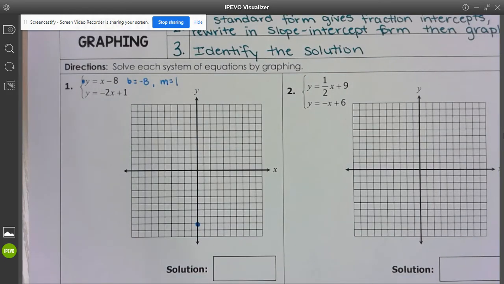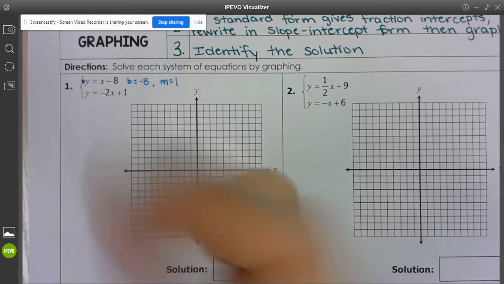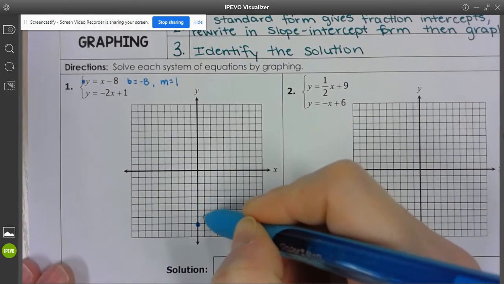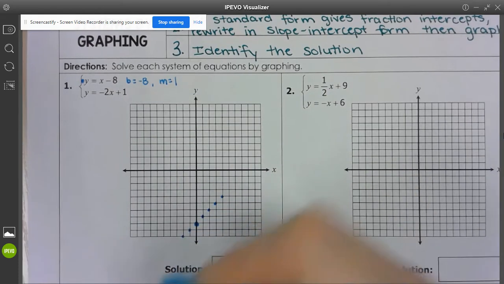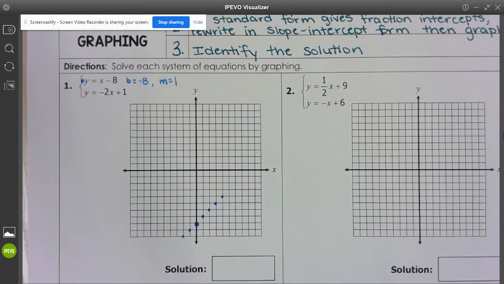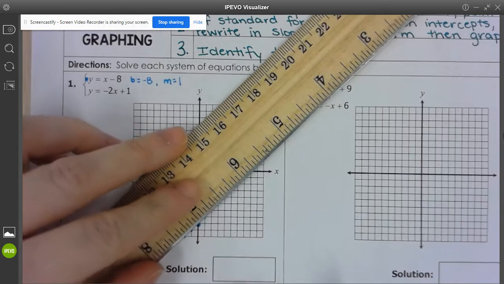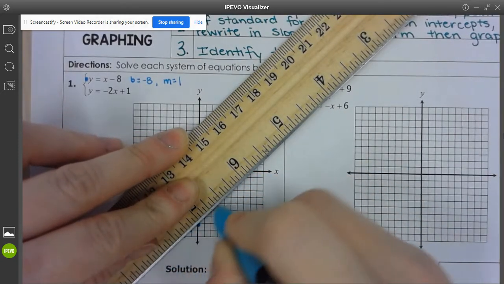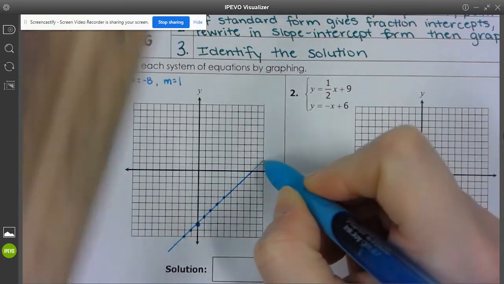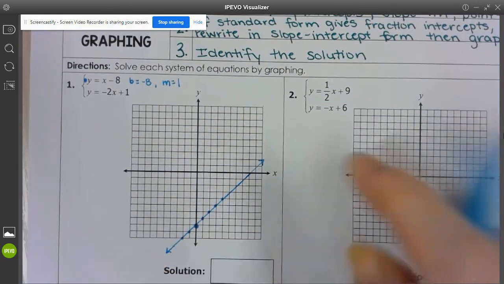So then from that point, since it's positive, it's going to go in this direction, up 1 over 1. And I'm just going to put a couple on each side. It would be helpful to have my ruler handy, which I do not. And now we're going to connect the dots. So there's our first graph.